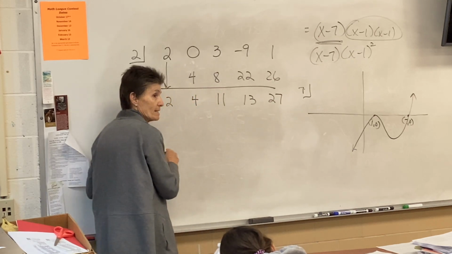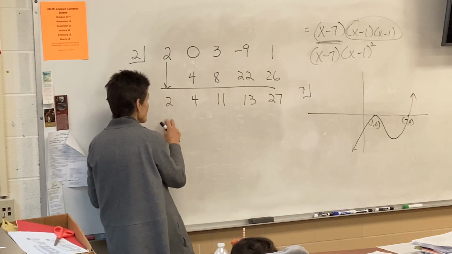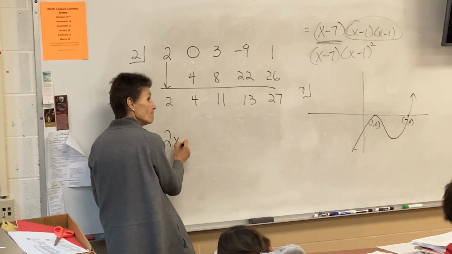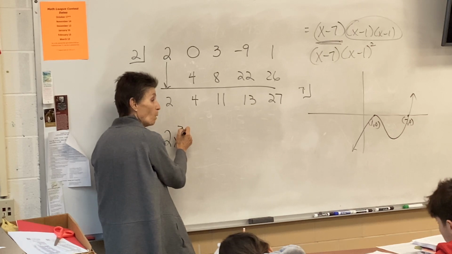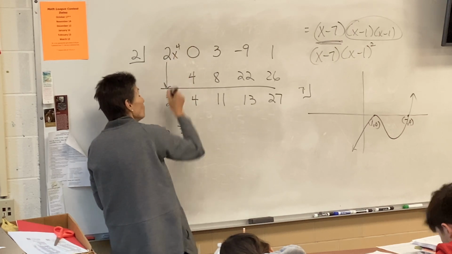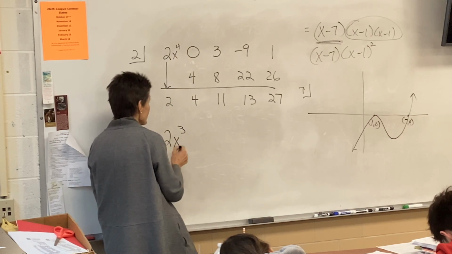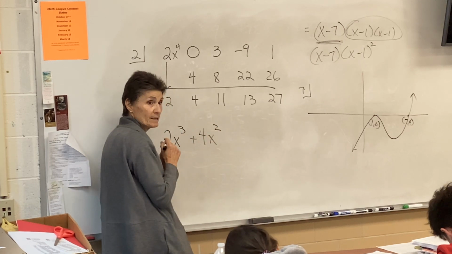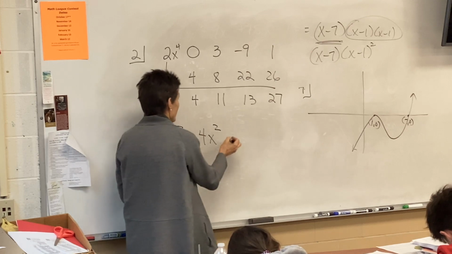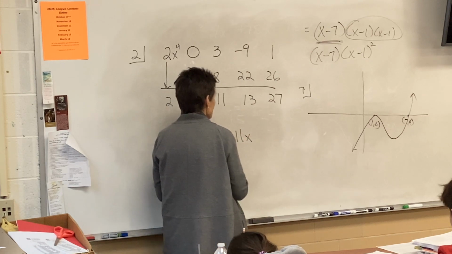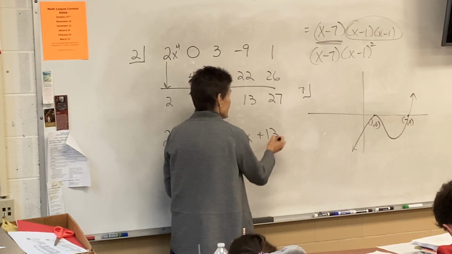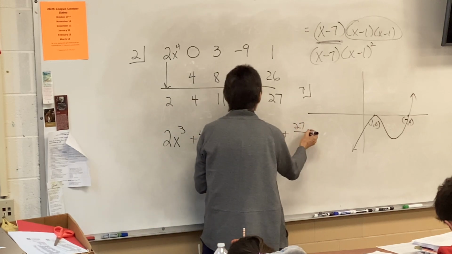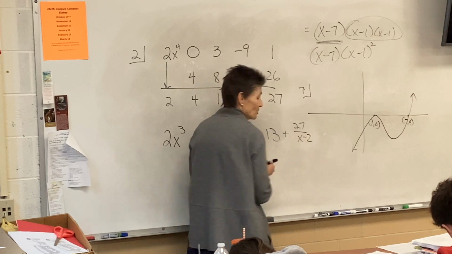So what is our answer then? This was a division problem. So our answer is going to be 2x to the third. Yep, always one less, and this was x to the 4th. So 2x to the 3rd plus 4x squared plus 11x plus 13, remainder plus 27 over x minus 2.